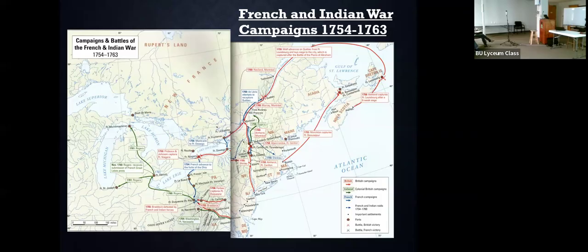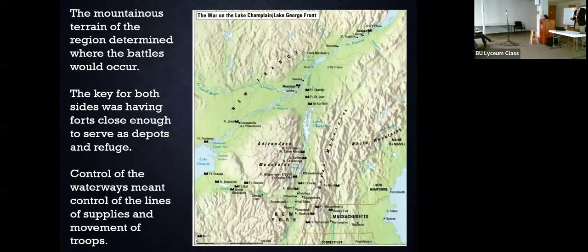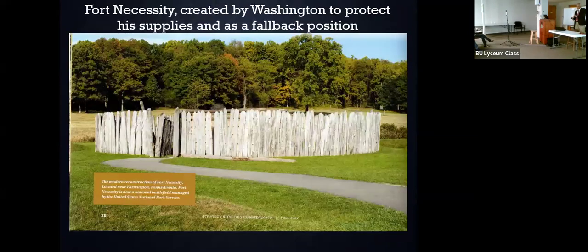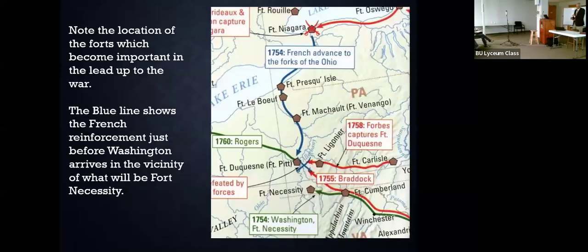So he goes up, and they meet him on his way, and he sets up this little supply fort. It's really not much of anything. Let me see if I have a picture of it. I'll go back. Yeah, there you are. Okay.